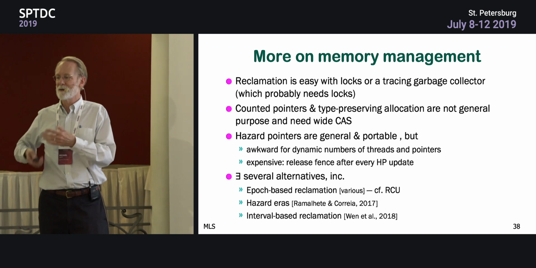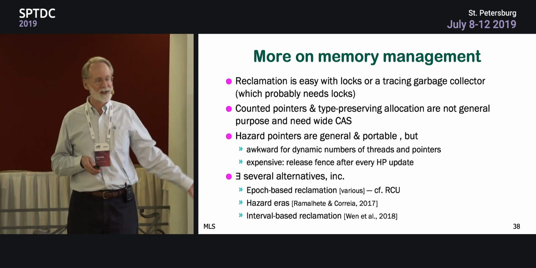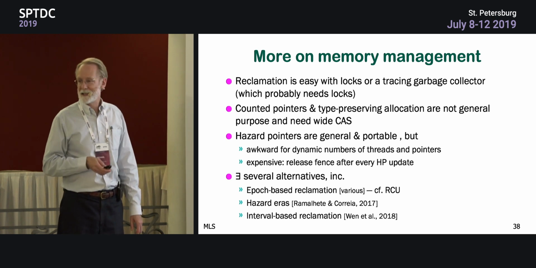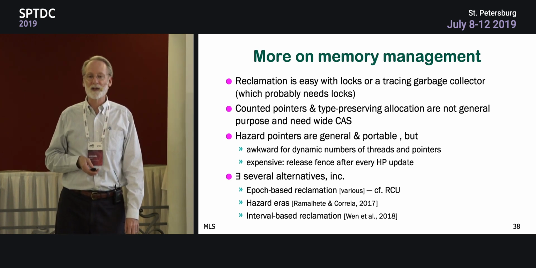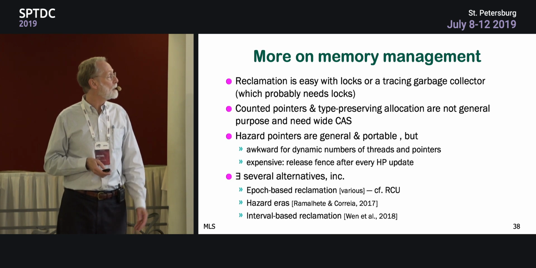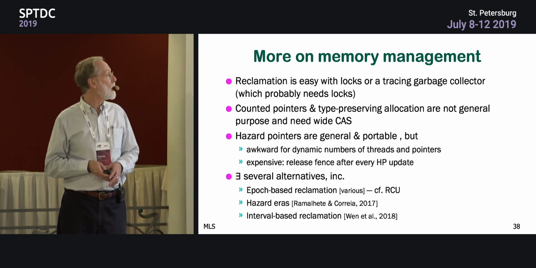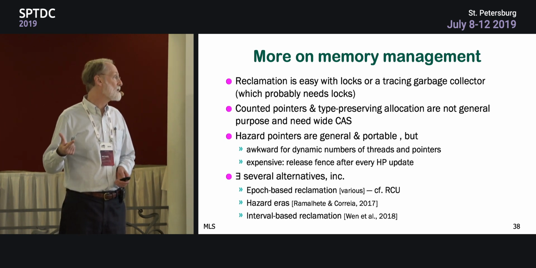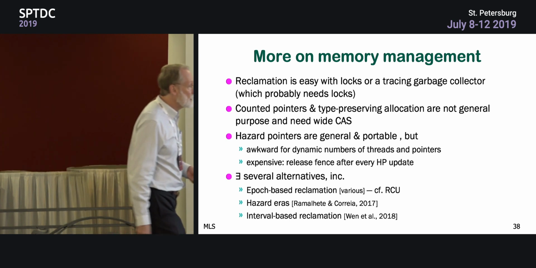New stuff can be reclaimed while the thread is asleep. And it could take a long time to go into details on that. I recommend the literature to anybody who wants to look at it. But in practice, most existing algorithms use counted pointers and type-preserving allocation, or hazard pointers, or possibly epoch-based reclamation.